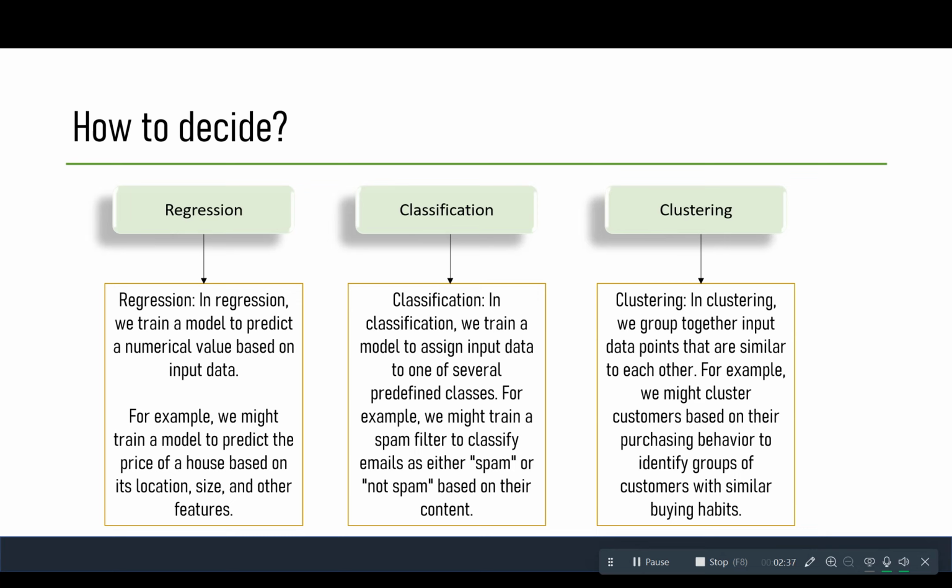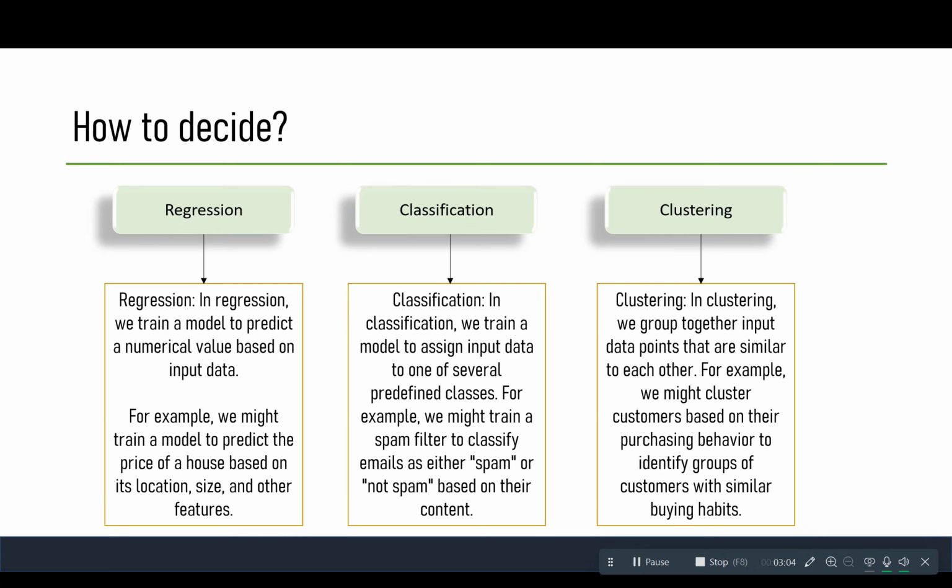For example, take classification. Classification is a type of supervised learning algorithm that involves predicting the class or category of a given input. The input could be anything such as image, text, numerical data. The output of the classification algorithm is a class label. Some common examples of classification problems include spam detection, image classification and sentiment analysis.